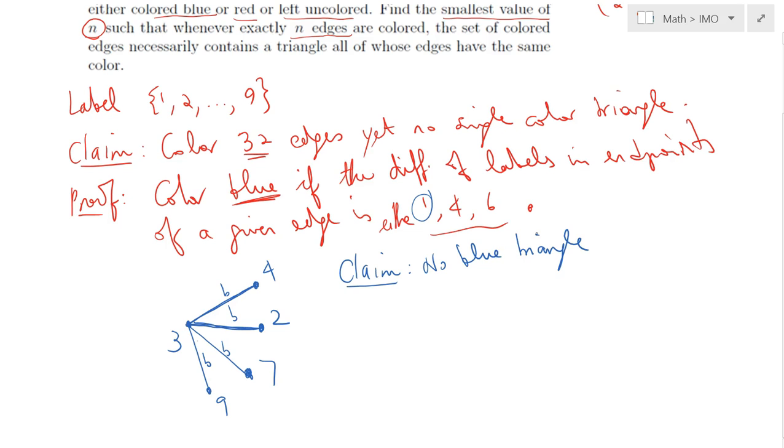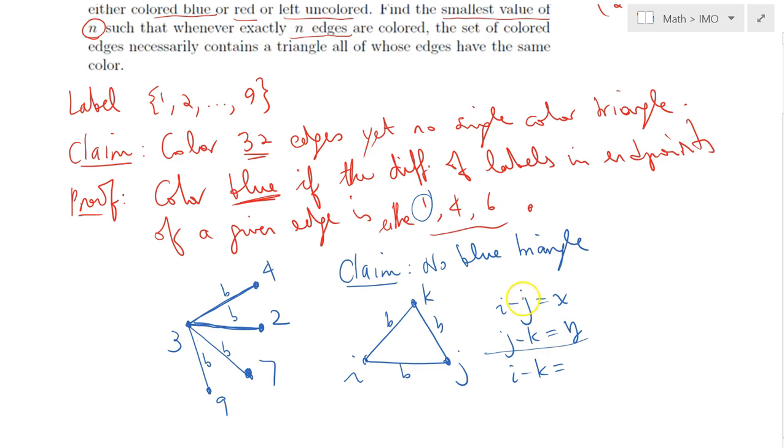So the blue segments will not form a triangle, and you can just consider a triangle with 3 vertices I, J, and K. If all its sides were blue, then the differences I minus J, let's just call it X, J minus K, let's call this one Y, and I minus K, you can simply add up the first 2 equations to find that this would be just X plus Y.